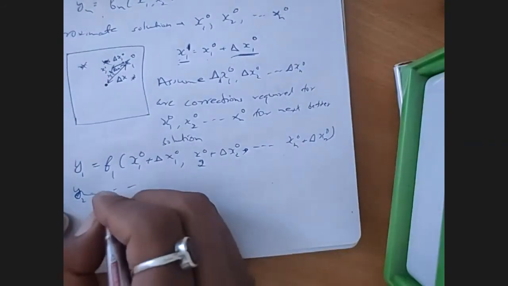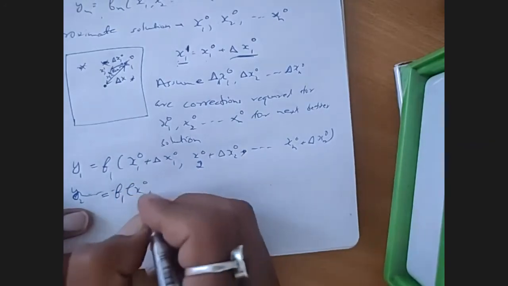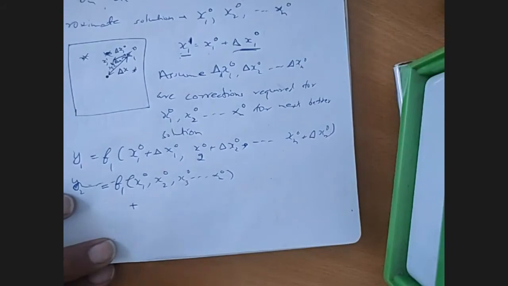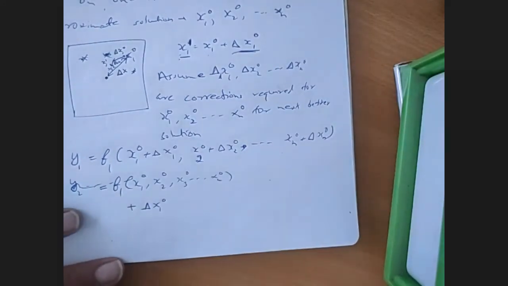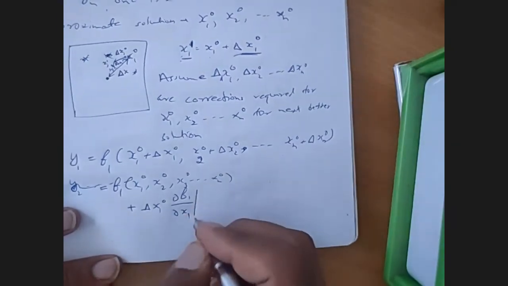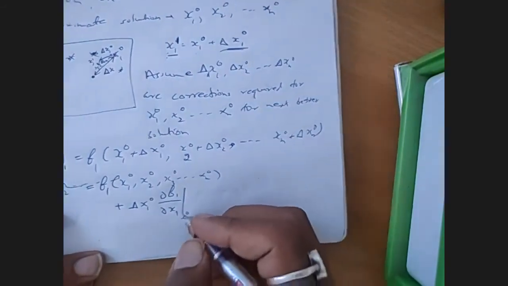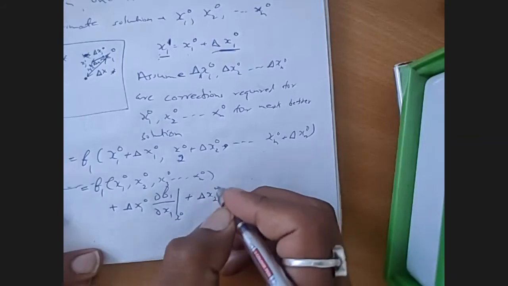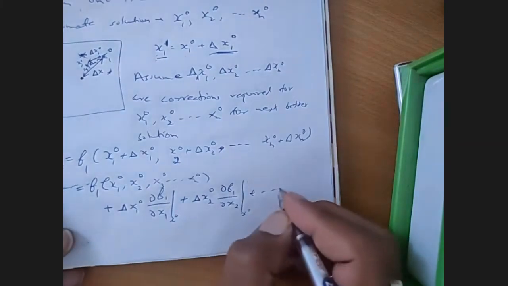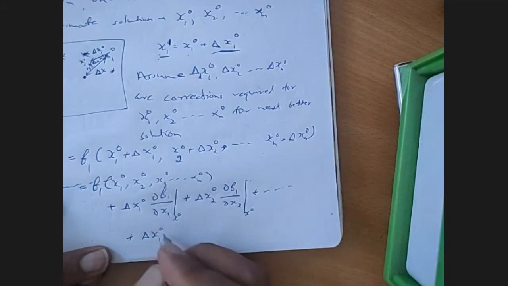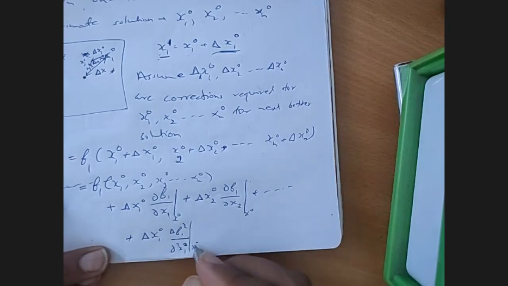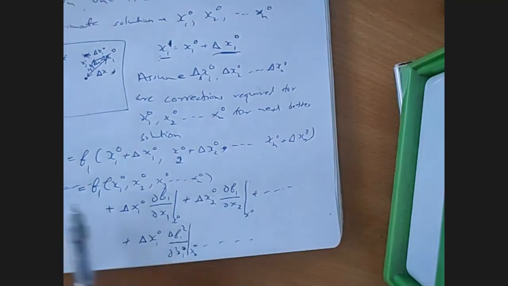Now it can be expanded as f1 of x1 0, x2 0, x3 0 up to xn 0, plus delta x1 0 times del f1 upon del x1 at x0, plus delta x2 0 times del f1 upon del x2 at x0, and so on, plus the second derivative terms, del square f1 upon del x1 square, and so on. So this can be divided into these parts.